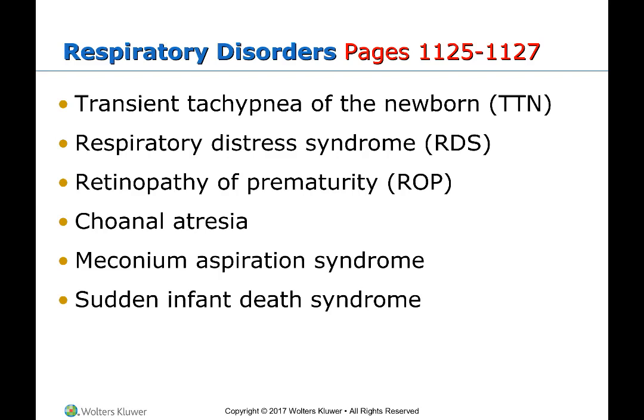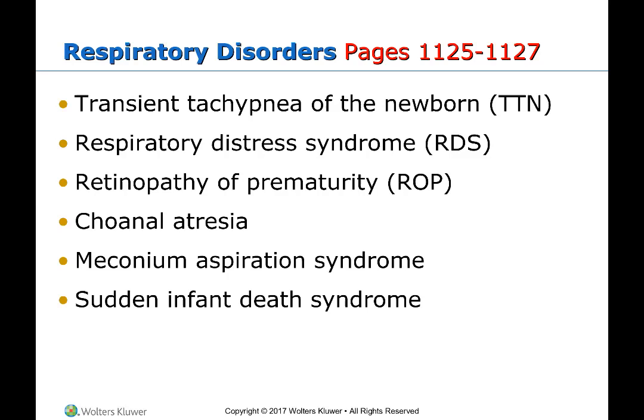So it does say mild retractions, respiratory grunting, nasal flaring, and cyanosis may occur. But remember, this is not presenting as something really serious. It also says it might have trouble feeding them. Why would that be? Is it hard to swallow and suck and be breathing at the same time when you're doing it that fast?